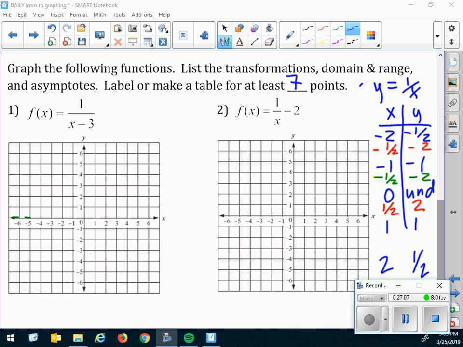Down 2. So all you're going to do, transformation is down 2. Now, you're taking your graph and shifting it down 2 units. Does the x value change? No. Does the y value change? By minus 2. Yeah. So my new point would be?